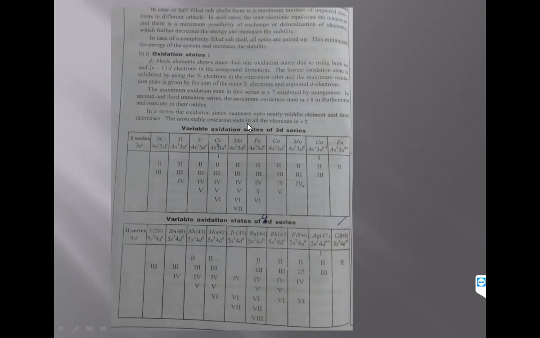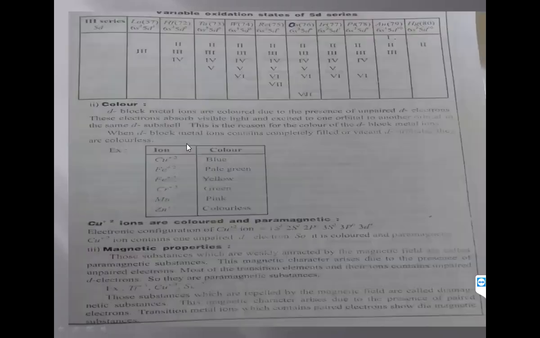The most stable oxidation state in all the elements is +2. If you look at the third series, the phenomenon is the same. From the start to the middle, the oxidation state gradually increases: 3, 4, 5, 6, 7, and then this one is 8, not 7.